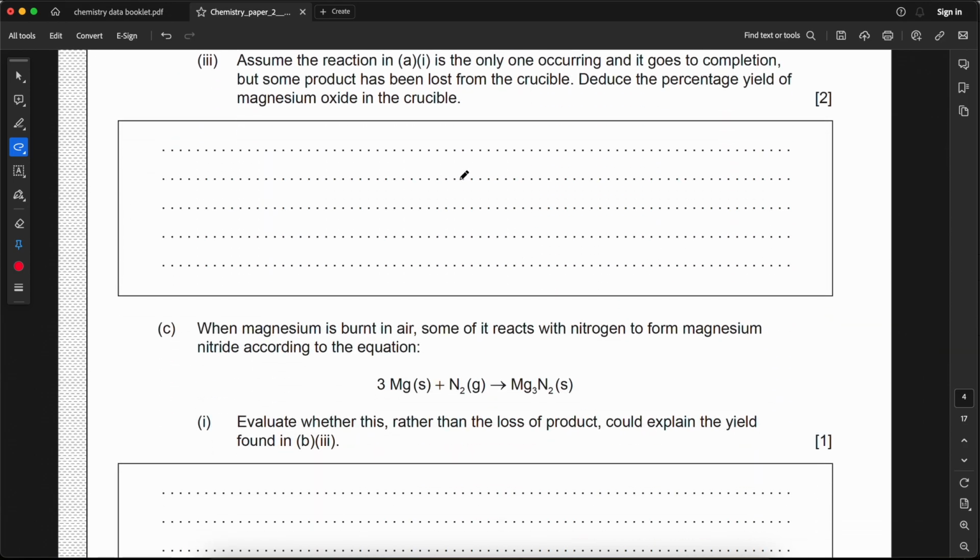Assume the reaction in A(i) is the only one occurring and it goes to completion, but some product has been lost from the crucible. Deduce the percentage yield of magnesium oxide in the crucible.